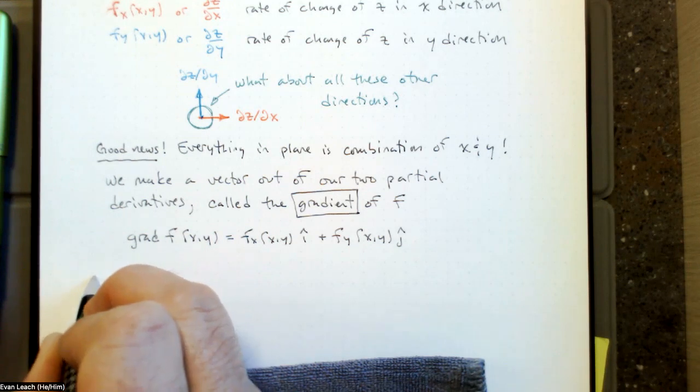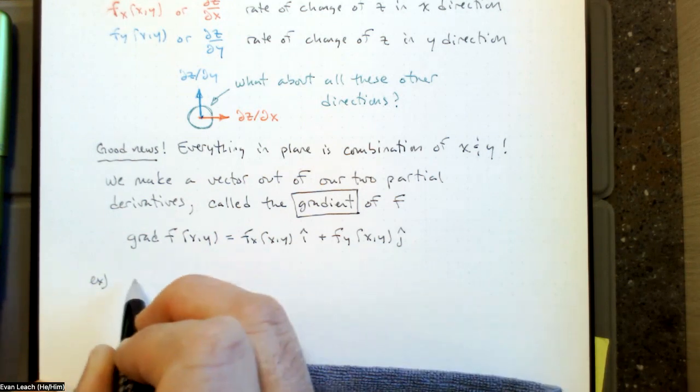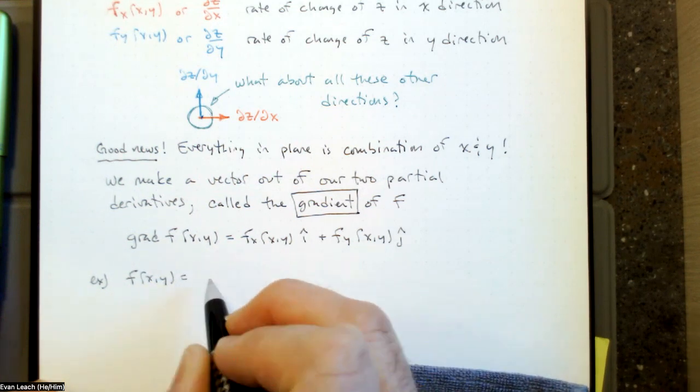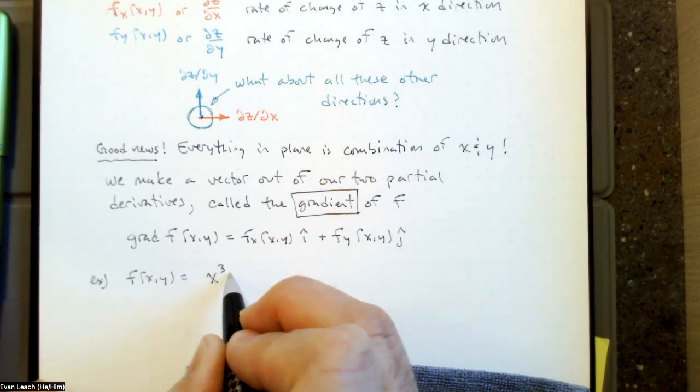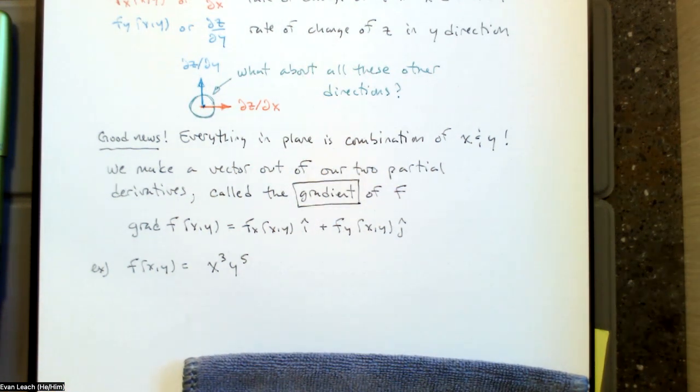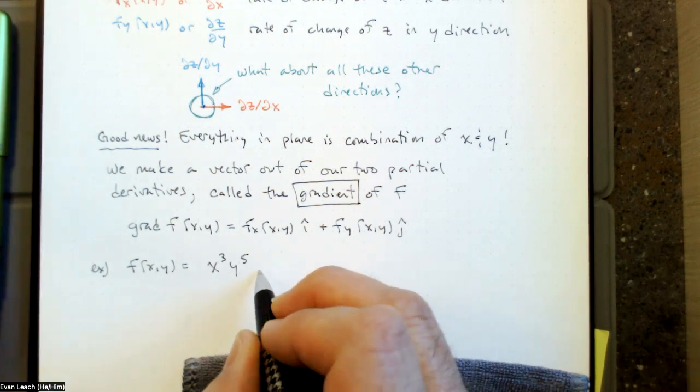So for example, let's say f, we're just going to recycle our old one that we used before. Let's find the gradient of this function.